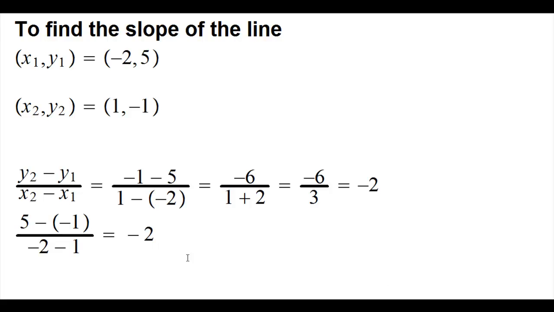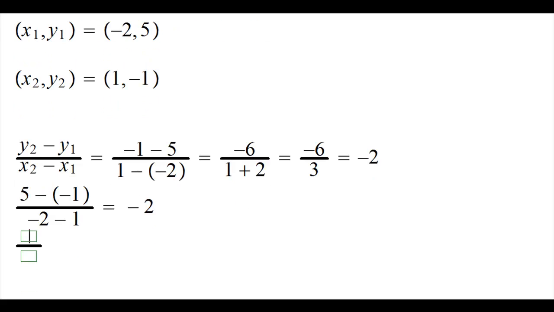What will go wrong is if I took 5 minus negative 1 and on the other side, I switched that order, then this will be a wrong answer.